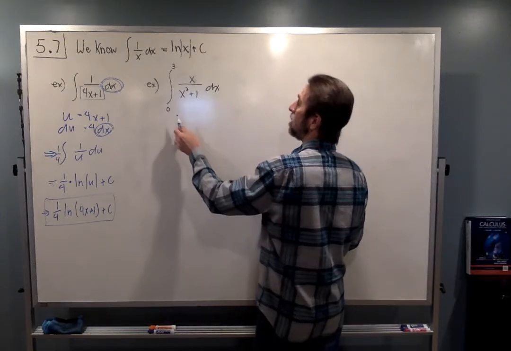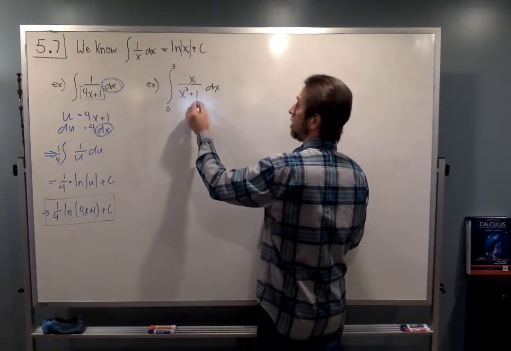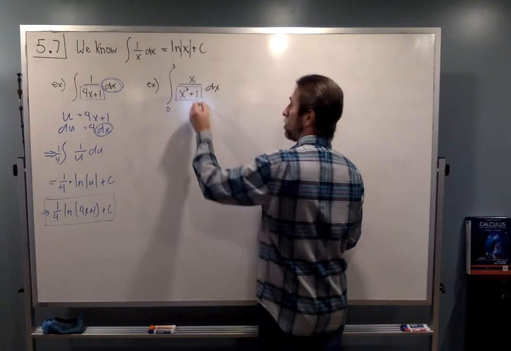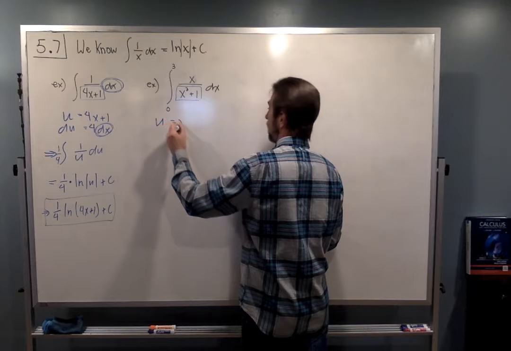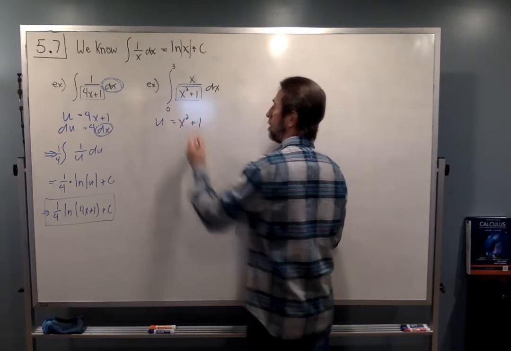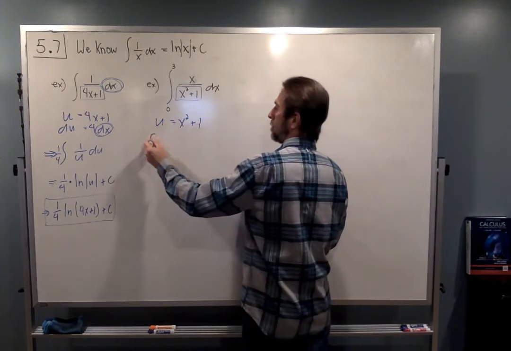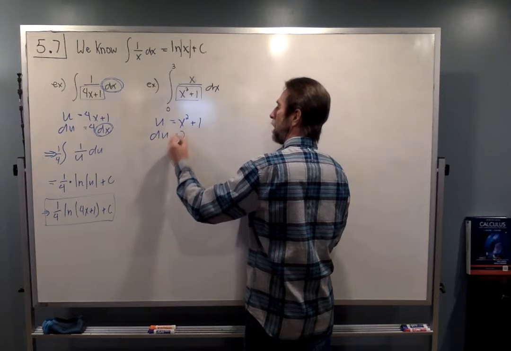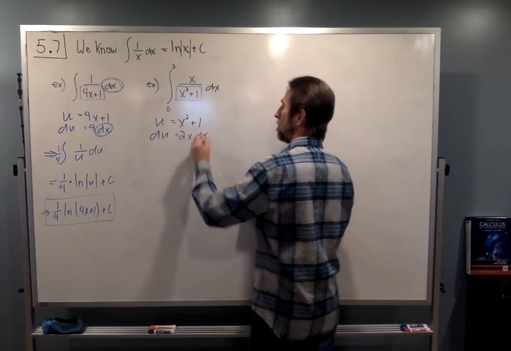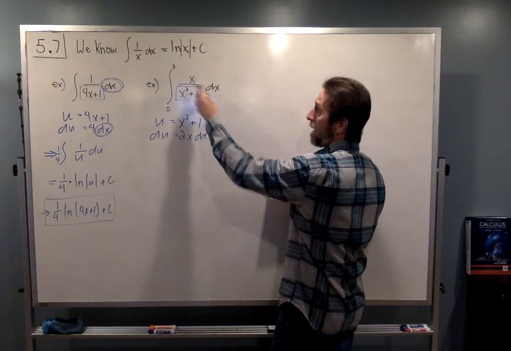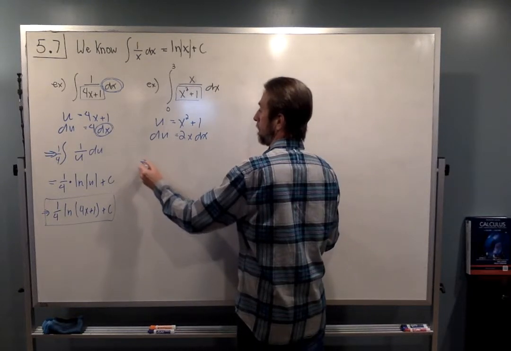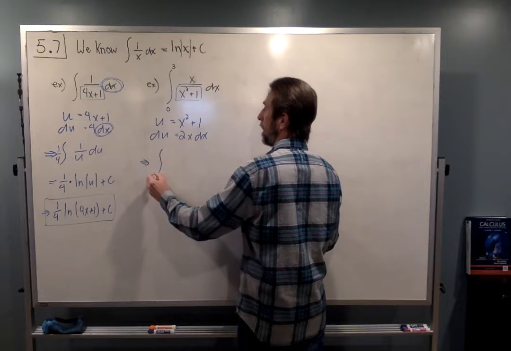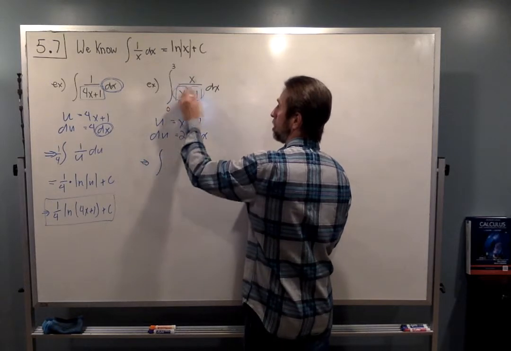Similar idea. It's a quotient. So I'm going to let the denominator of the quotient be u, which is a very common method. It's not always going to work, but we should try it. du is then 2x dx. You notice I pretty much have the x dx, but not the 2, but I can adjust. So the same old thing, if I change it back to u values, all of this is just u.